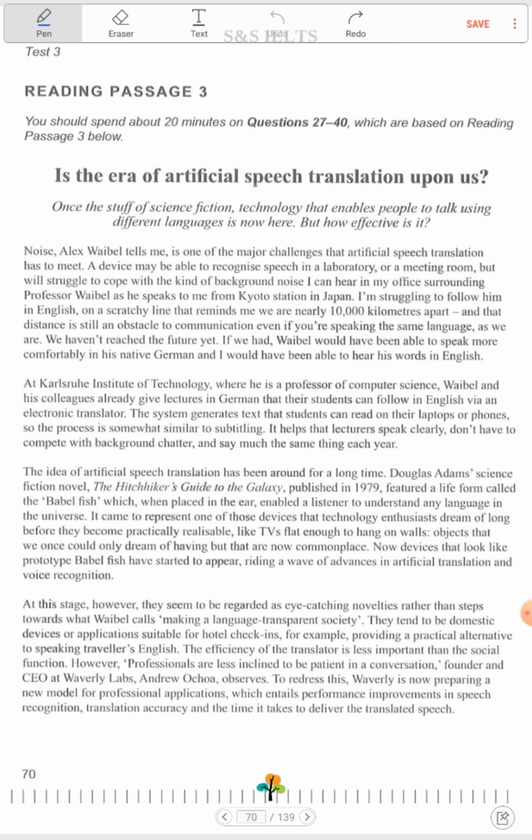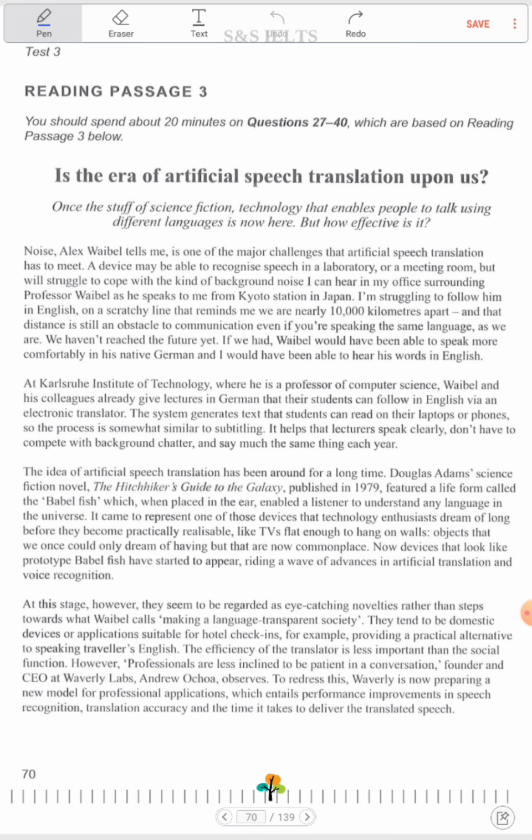Okay, everybody, this can be inferred from the text where it mentions that the idea of artificial speech translation has been around for a long time. Additionally, the mention of the Babelfish from the Hitchhiker's Guide to the Galaxy, a novel published in 1979, implies that the concept of artificial speech translation was not surprising or unexpected even back then.